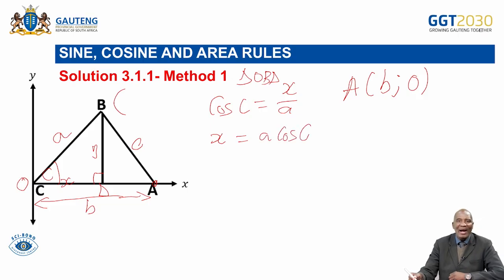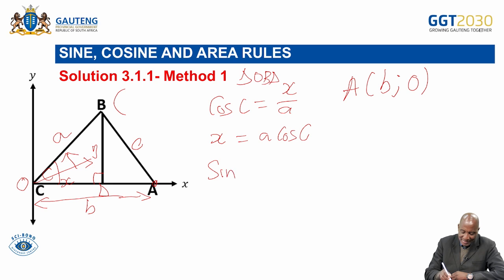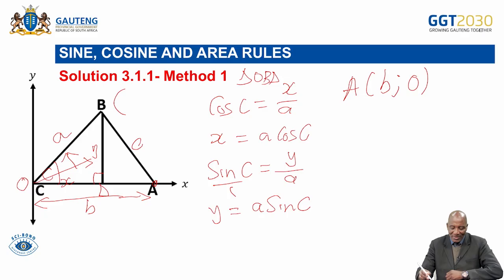We have found our X. Then we want the Y, which is opposite over hypotenuse. So our sine of C equals the opposite side divided by the hypotenuse, again A. Therefore, Y becomes A sine C. We have found both X and Y, but it's in terms of trig ratios.